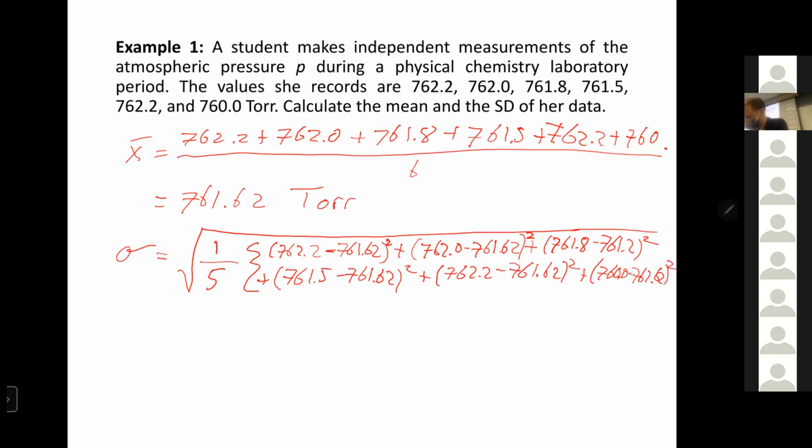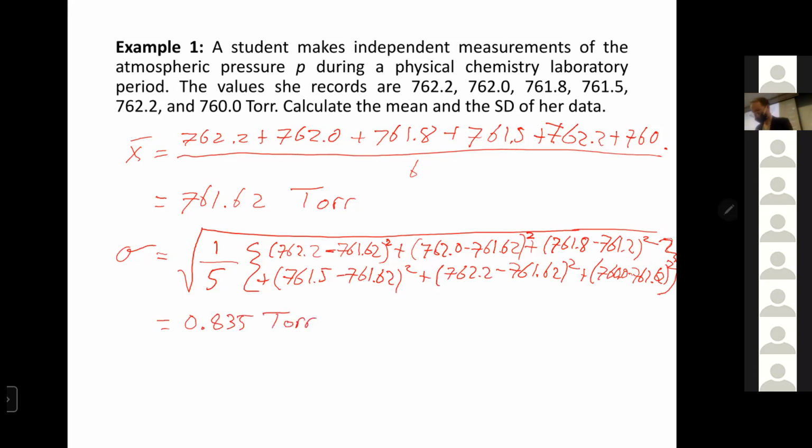Okay, and I'll close my squiggly bracket parentheses here. And if you punch this all into your calculator, you should get a standard deviation of 0.835 torr.